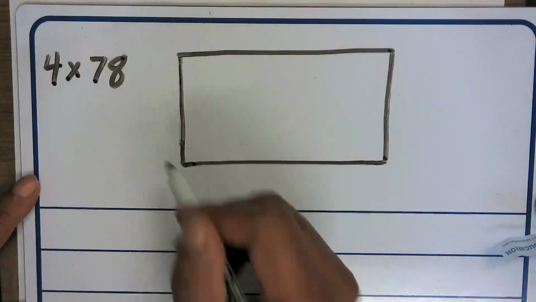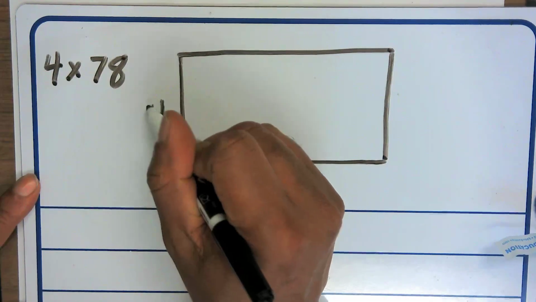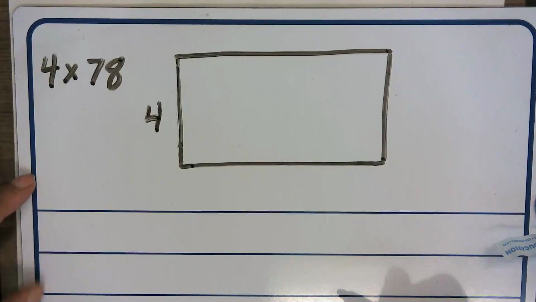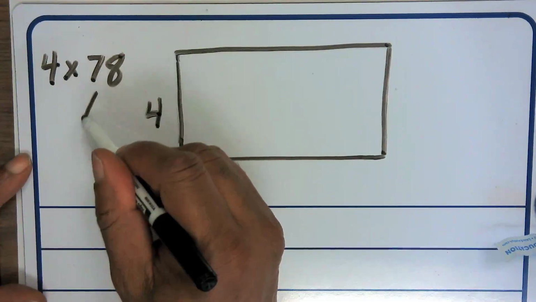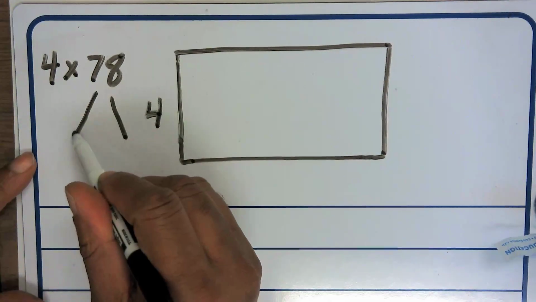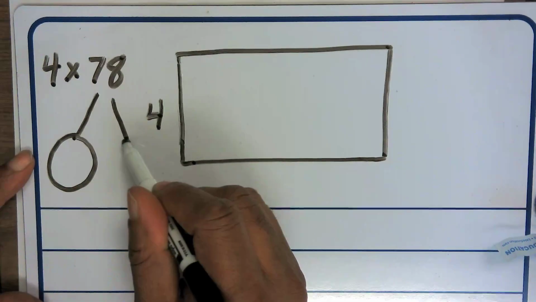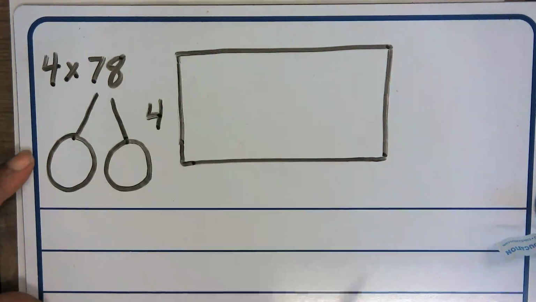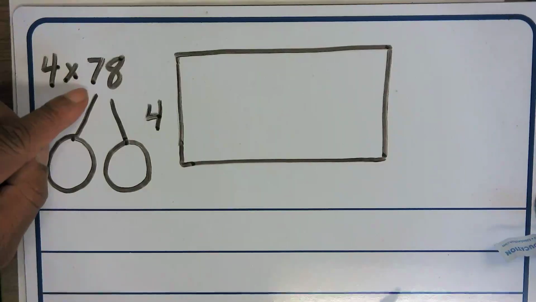We represented the width using 4, and then you broke apart or decomposed the value based upon its place.